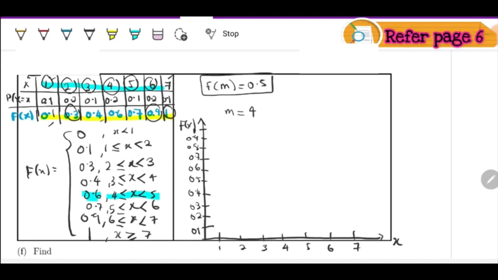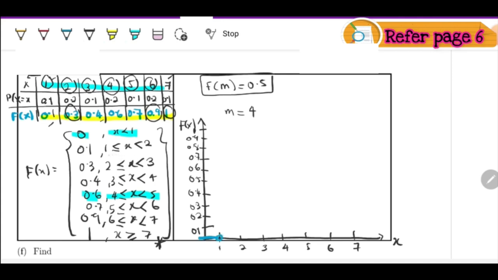To sketch the graph of the CDF, read the CDF function. When x is less than 1, F(x) is 0. So for x less than 1, F(x) is 0, with an open interval at 1.